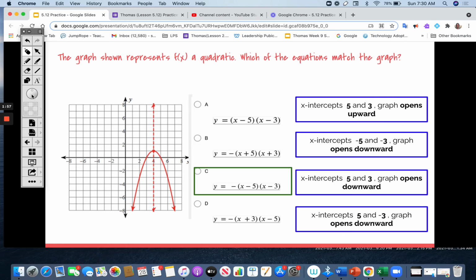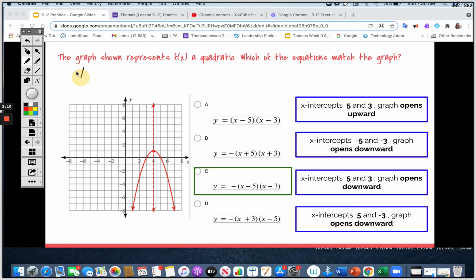And then we were also asked to write the equation in the standard form. So we're going to take this, y equals negative (x minus 5)(x minus 3), and I'm just going to use the distributive property.